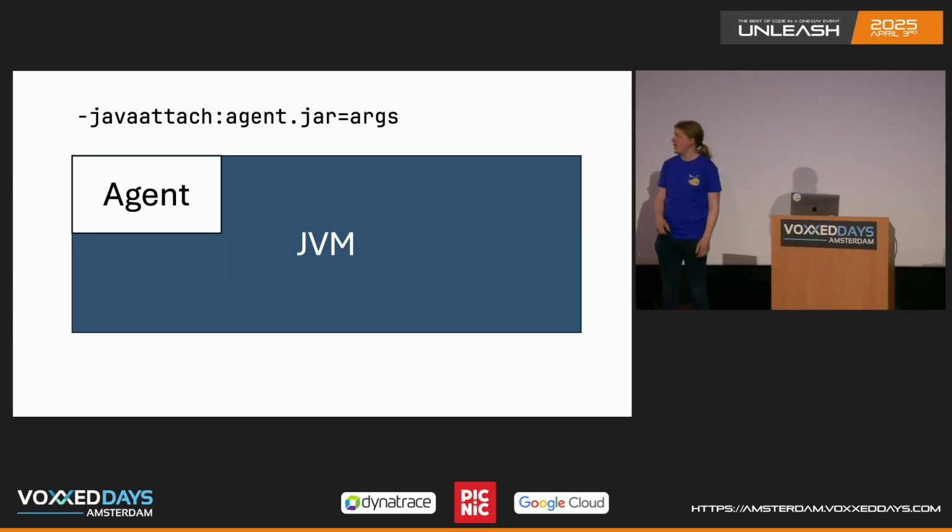We can pass an agent on the command line via -javaagent, and then pass the jar and then the args. And an agent is essentially like a bike computer that you attach to your bike, but here it's a small program that you attach to your JVM.